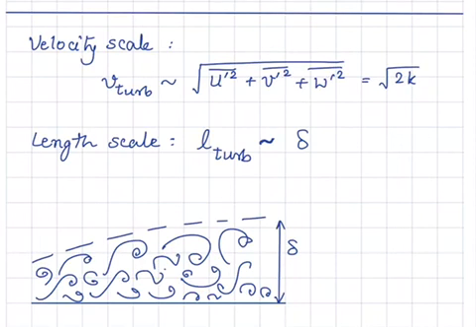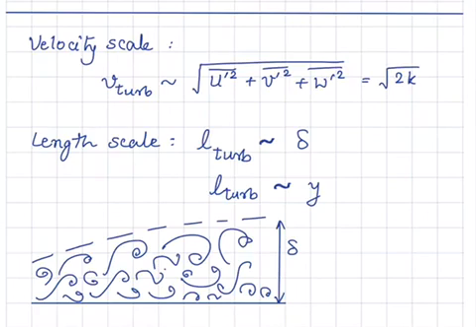As you go closer to the wall, somehow the scales become smaller and smaller. So there are assumptions which say that it will be proportional to distance from the wall. And there will be, of course, a proportionality constant, and so on and so forth.